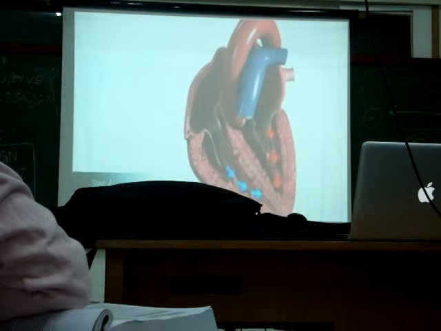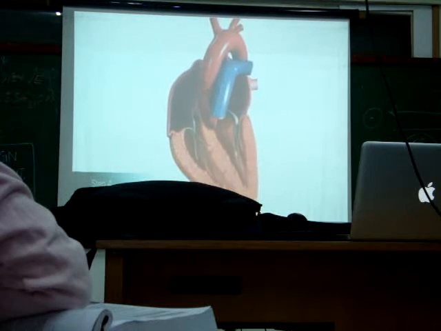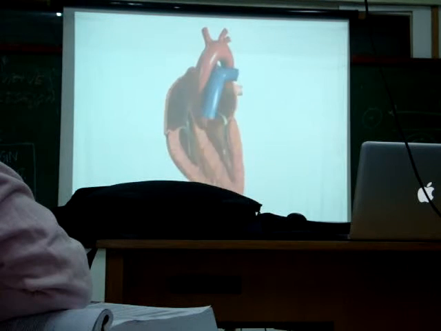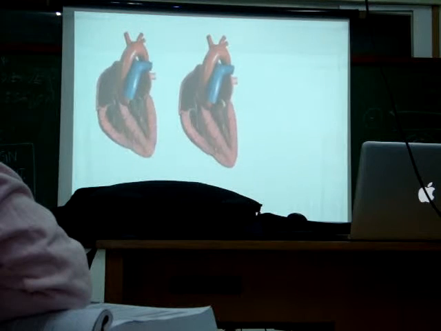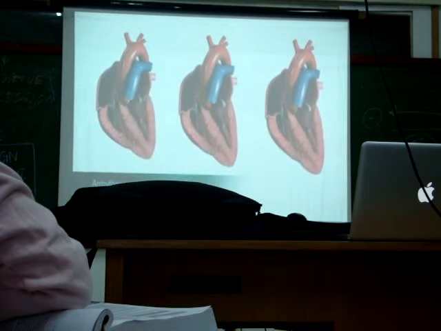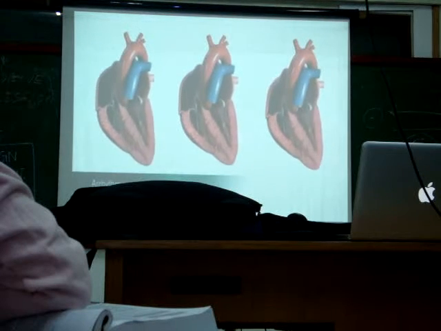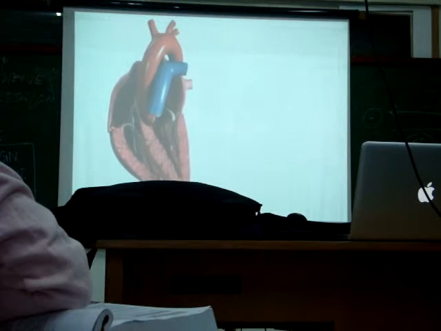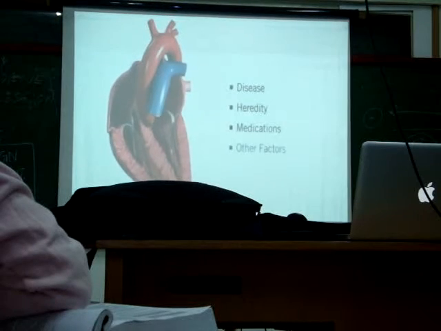The ventricles contract, pumping the blood to the body. A heart normally beats between 60 to 100 times per minute. Electrical signals in your heart can become blocked or irregular, causing a disruption in your heart's normal rhythm. When the heart's rhythm is too fast, too slow, or out of order, an arrhythmia, also called a rhythm disorder, occurs. When your heart beats out of rhythm, it may not deliver enough blood to your body. Rhythm disorders can be caused by a number of factors, including disease, heredity, medications, or other factors.